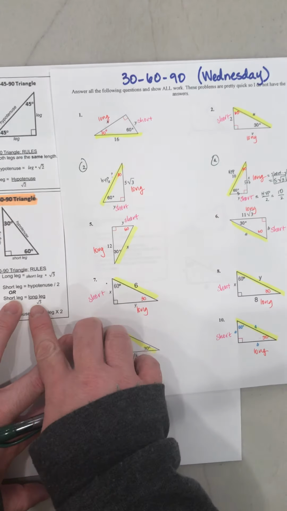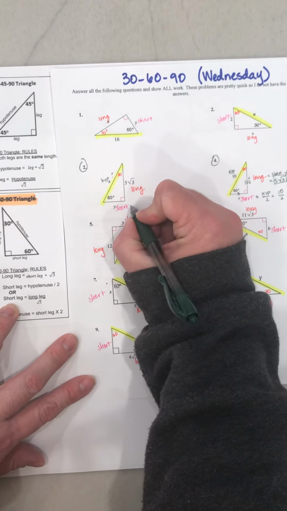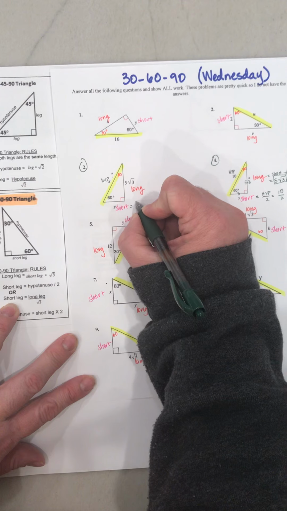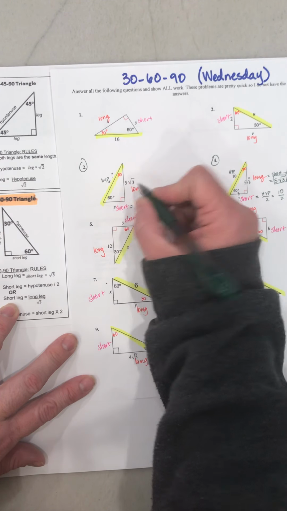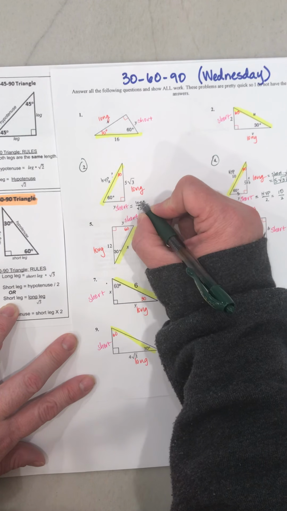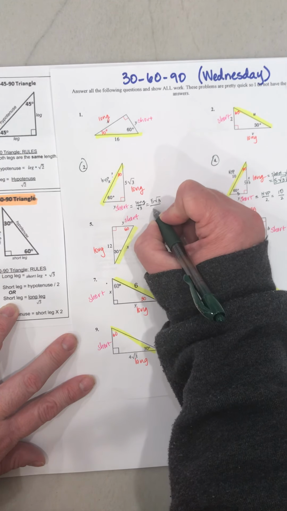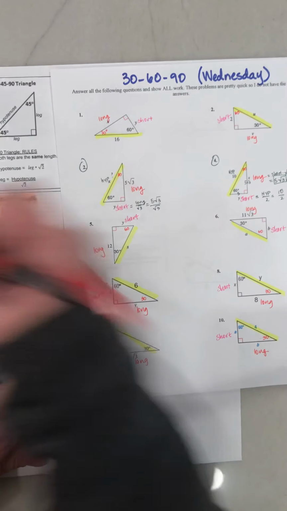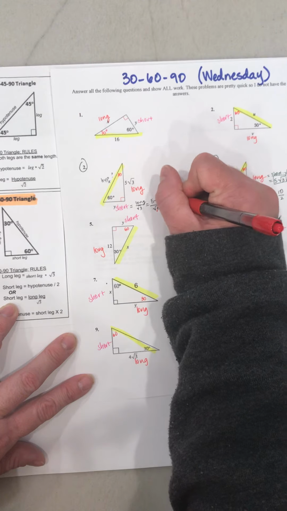Remember, we always want to start and find the short leg first. So the short leg is the long leg divided by radical 3. Well, this one's going to be nice. The long leg is 5 radical 3. Divide that by radical 3. Check this out, it cancels. Yay. So our short leg is just 5.